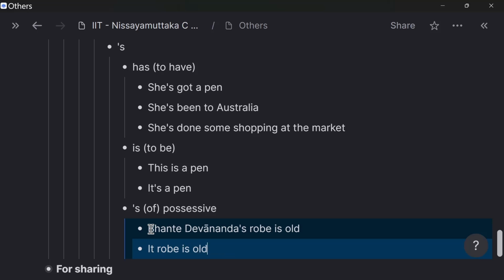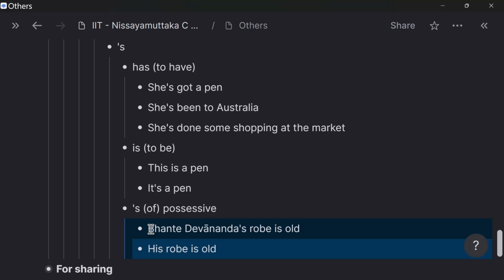Only S? Its robe is old? No. Are you sure? Okay, wait. His robe. Ah, yes. His robe is old.